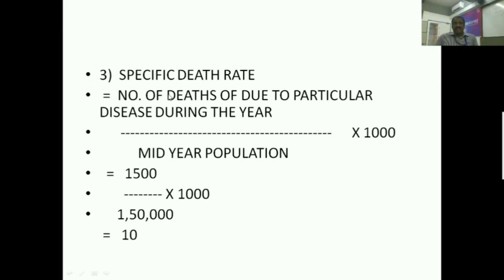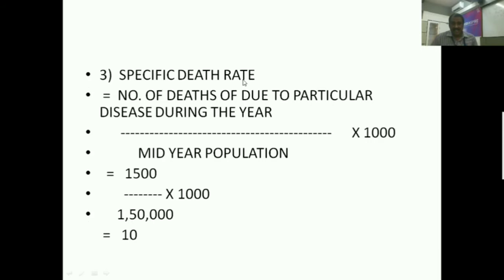Next one is the specific death rate. This is the formula: number of deaths due to a particular disease, or the specific disease, during the year, divided by the mid-year population in the same year, into 1,000. Here the number of deaths due to the particular disease is 1,500 and the mid-year population is 1,50,000, into 1,000, and the specific death rate is 10.